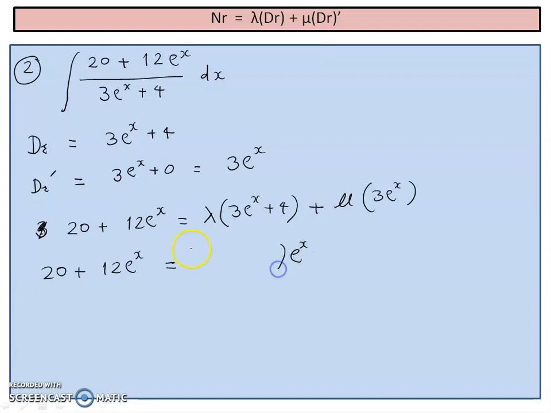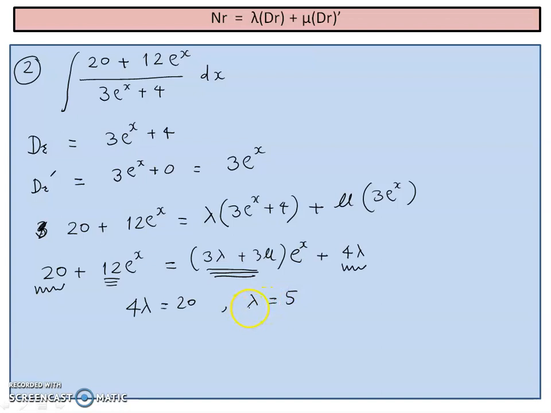What will be the coefficient of e^x? This will be 3 lambda and this will be 3 mu. And what will be the other term? 4 lambda. यहाँ तो कुछ अलग टर्म नहीं है. So we equate the e^x coefficient with the e^x coefficient, and this constant term with this constant term. So we get 4 lambda is equal to 20, lambda is equal to 5.